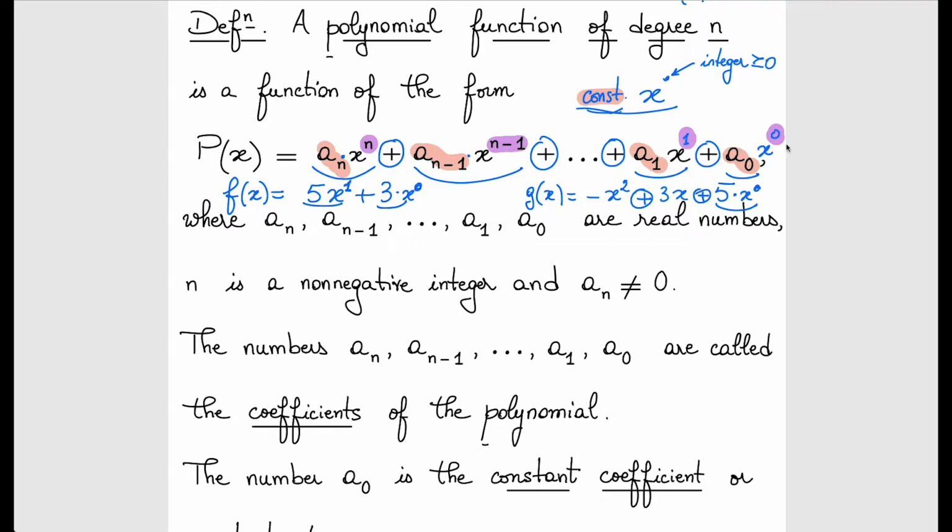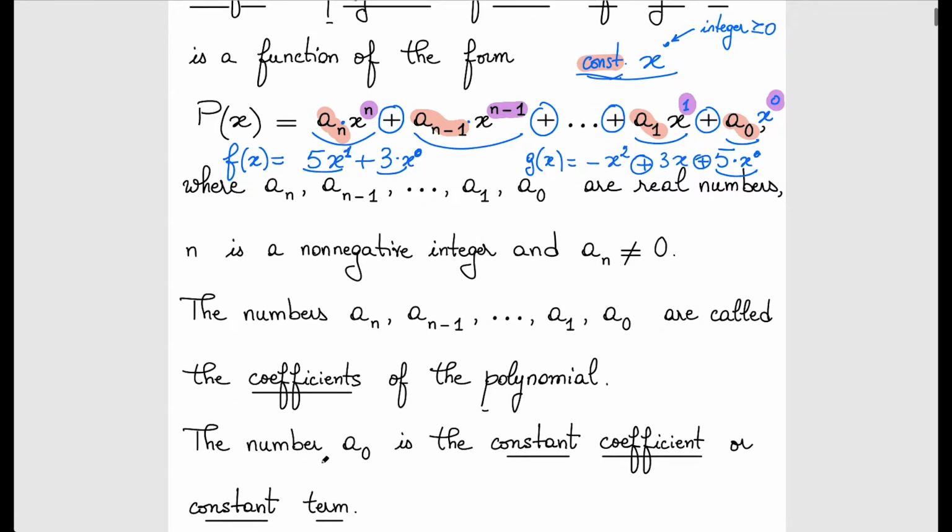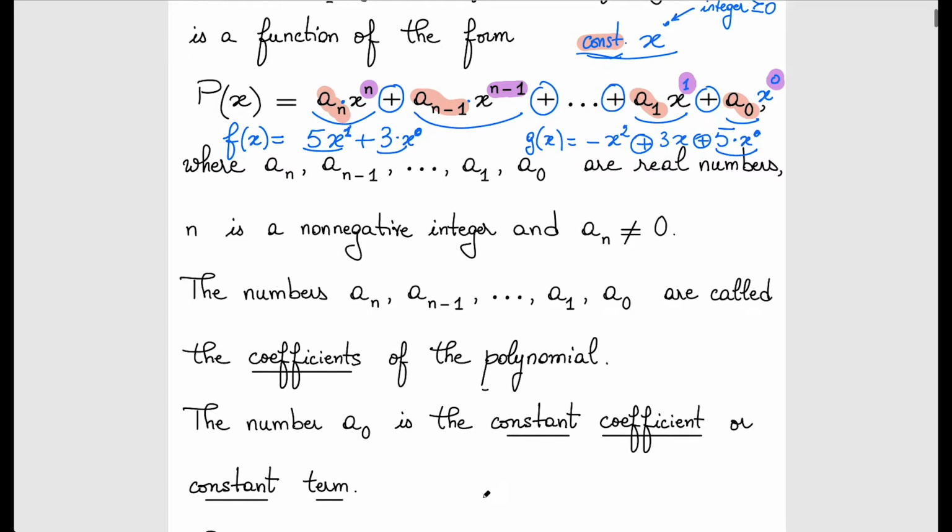This is also called the constant part, the constant term, because x to the power 0 is 1, right? So you're left with just a constant for the last expression here. Okay, so the number a0 is called the constant coefficient or constant term, as I said.